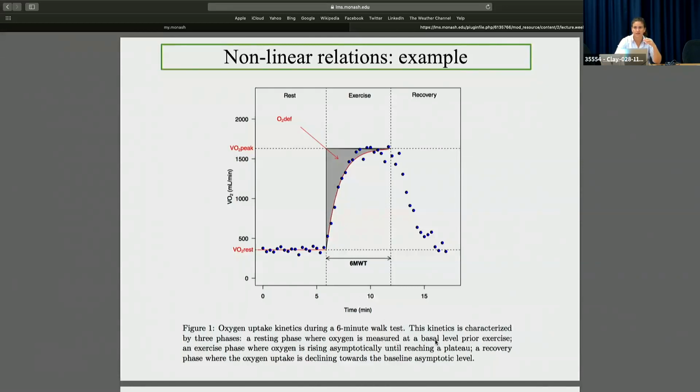We have a basal level, and then we have an asymptotic rise in our consumption of oxygen until we reach a plateau, and that's where we can't give anymore. And then we have a slow decrease, an exponential decay, if you'd like, back to a recovery phase. So in many of our time series, we focus on a certain part of this curve, and so our nonlinear model is often not for the entire range of data.